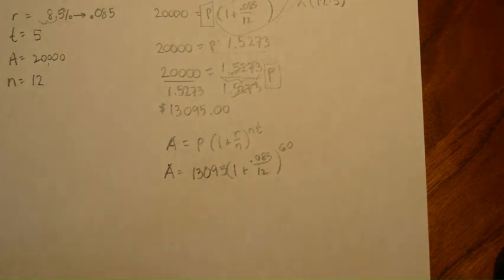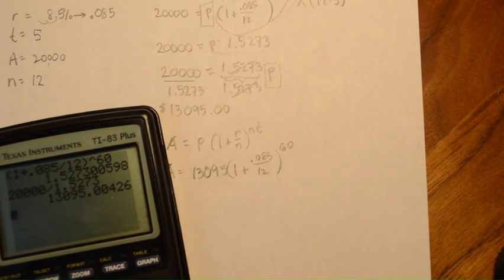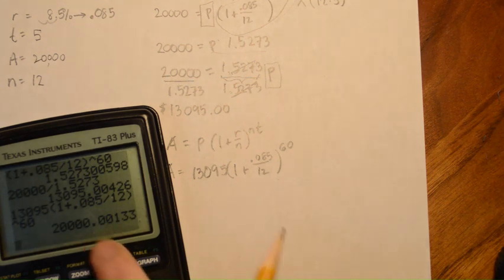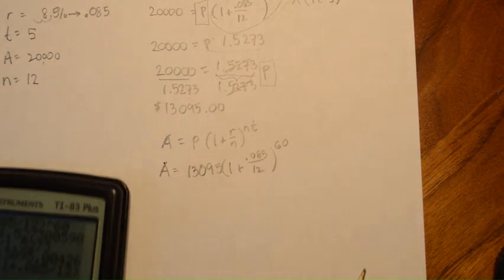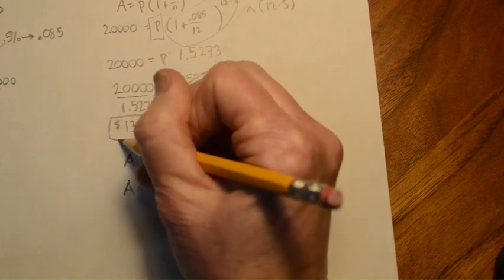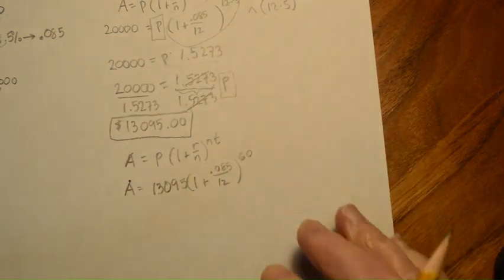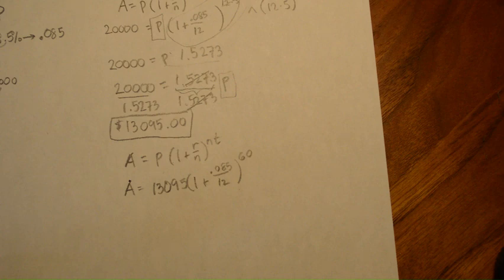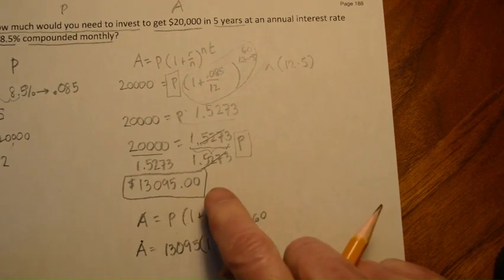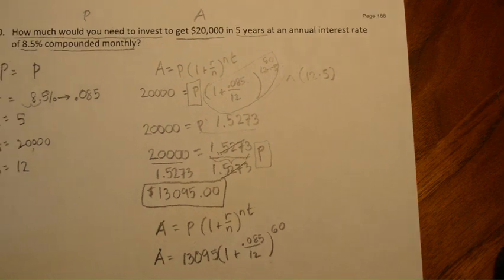Let's double check that to make sure that we're right. $13,095 times 1 plus 0.085 divided by 12 to the 60th power. Yep, I get that 20,000. So that is the right amount. We need to invest $13,095, and at the end of 5 years, at 8.5% interest compounded monthly, we will end up with $20,000.